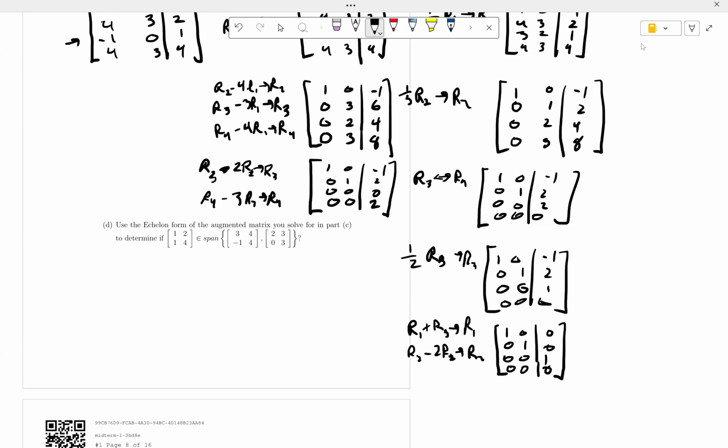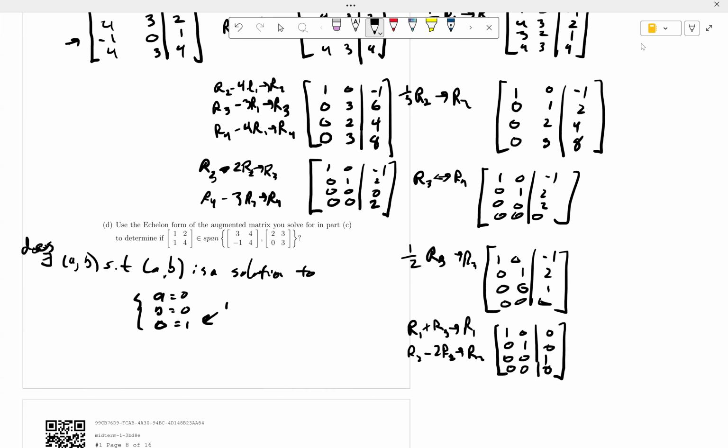So given that echelon form of the matrix, we're asking, does there exist an AB such that AB is a solution to the system A equals 0, B equals 0, 0 equals 1? And this is inconsistent.